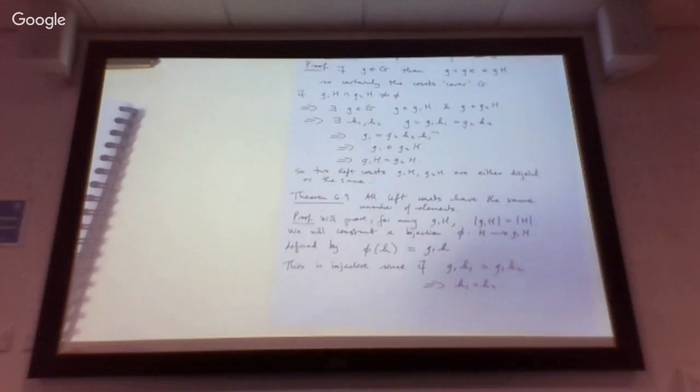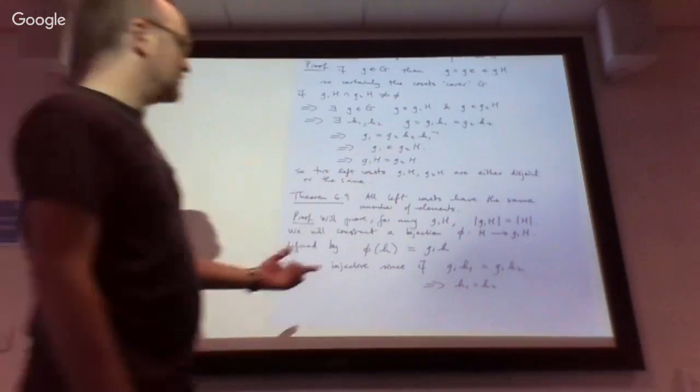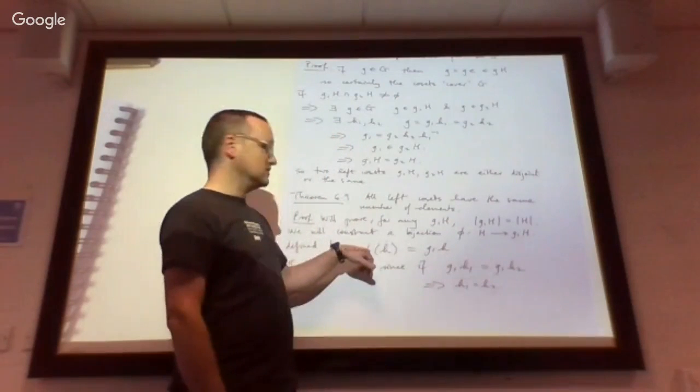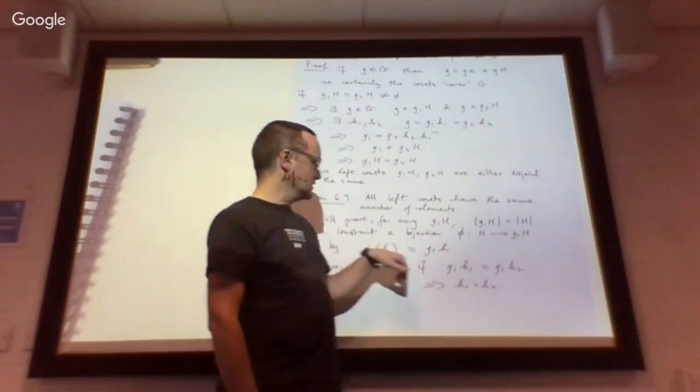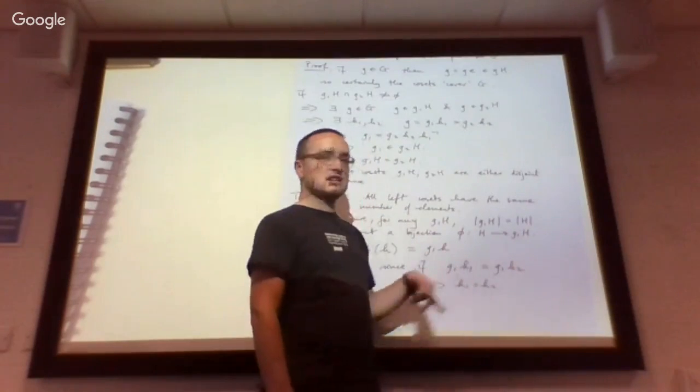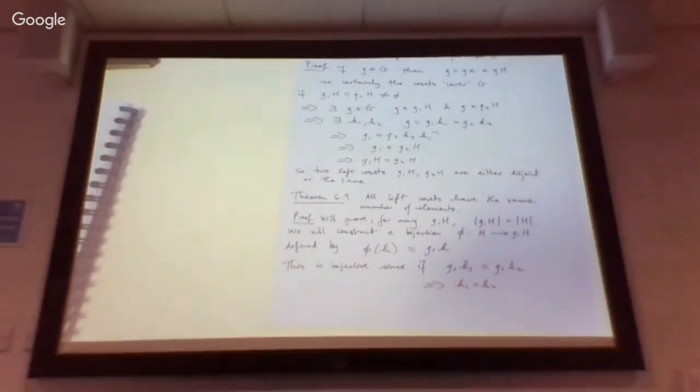So that shows it's injective. You can never have two different elements of H being sent to the same element under phi. Because if phi of h1 is equal to phi of h2, it must be the case that h1 is equal to h2.